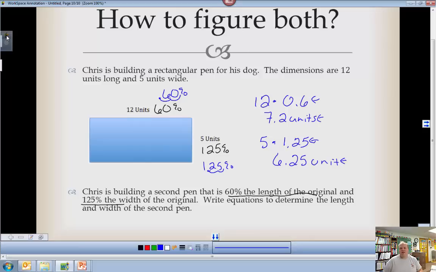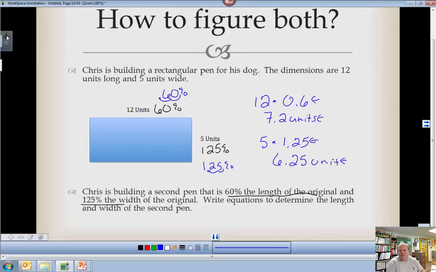And that's all. Most of the time, though, they're going to be the same. Now, just to recap what we talked about, the scale factor is simply the number that determines the enlargement or the reduction of the new shape. If it's greater than 100% or the fraction is greater than 1, it's going to be an enlargement.